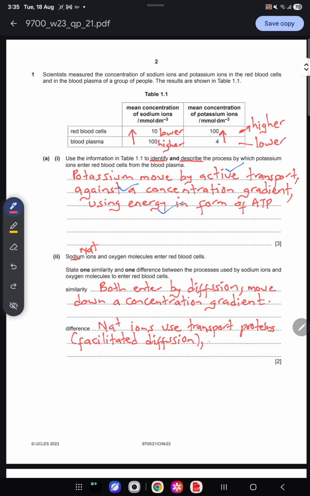So I can mention here that oxygen molecules use simple diffusion, meaning they just cross the cell surface membrane through the phospholipid bilayer without using transport proteins.